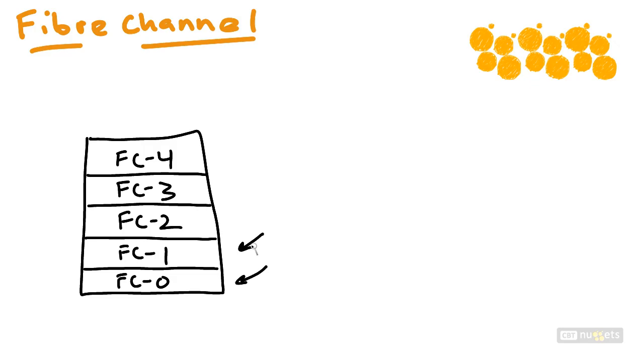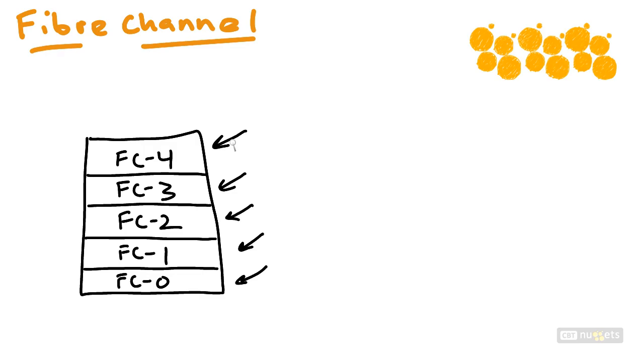There's FC2, which indicates framing and flow control matters. There's FC3 for generic services that are required for fabric management. More on that in a moment. And then FC4, which is where we do our upper layer protocol mapping.